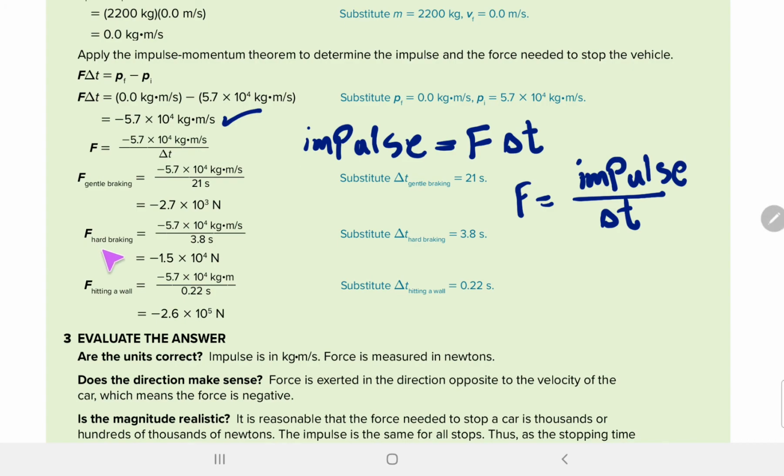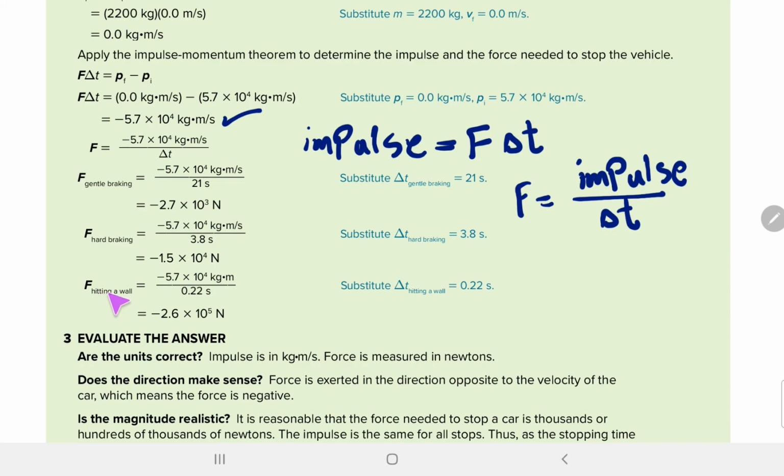The second one, hard braking: the force for hard braking, with the same law, is equal to impulse over delta t, which is minus 5.7 times 10 to the power 4 kilogram meters per second over 3.8. The final result will be minus 1.5 times 10 to the power 4 newtons.